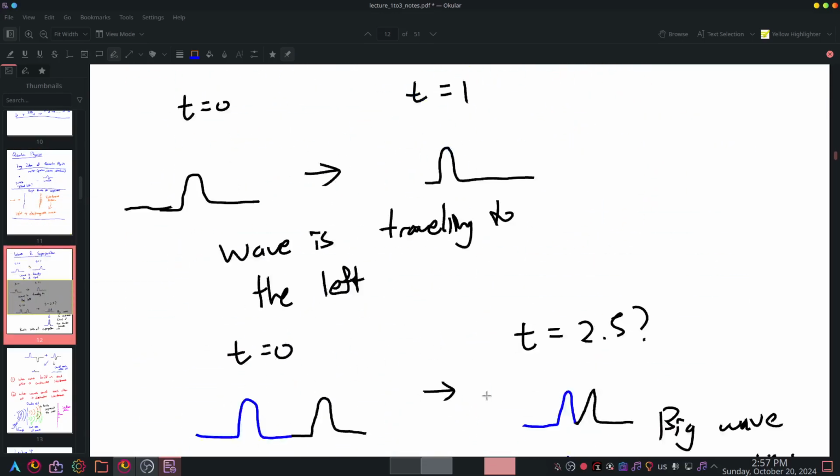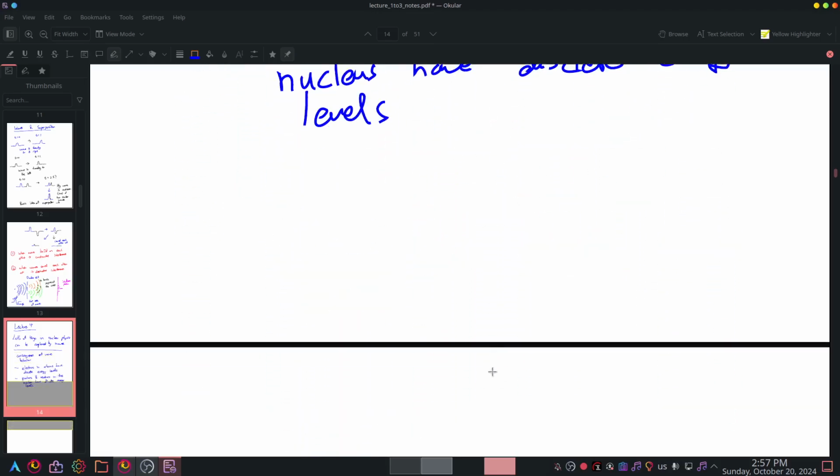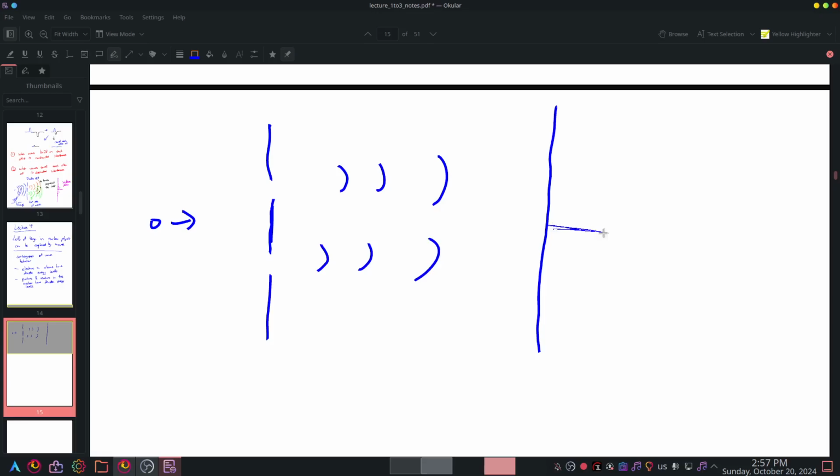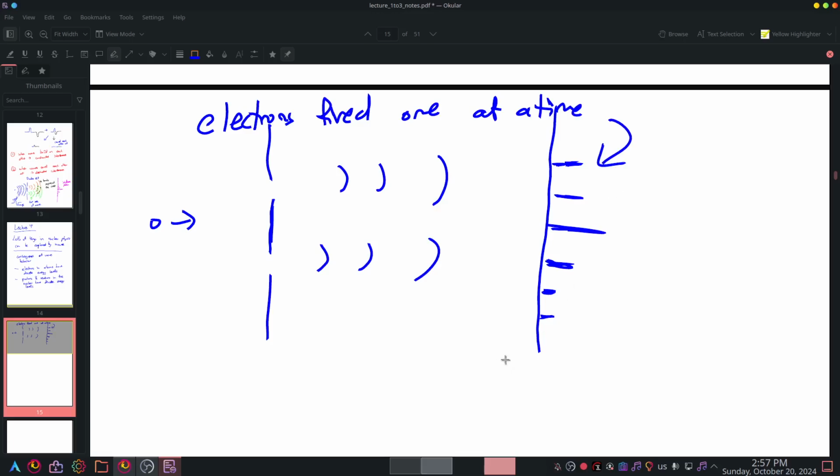The funny thing about quantum physics is that if you fire electrons, being particles, one at a time, this interference pattern is still observed.